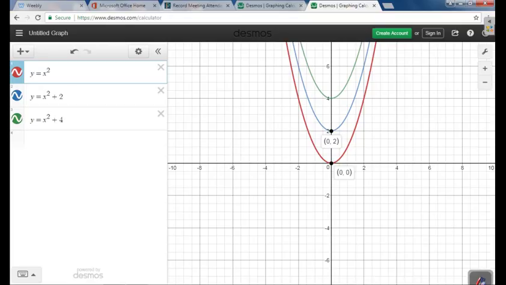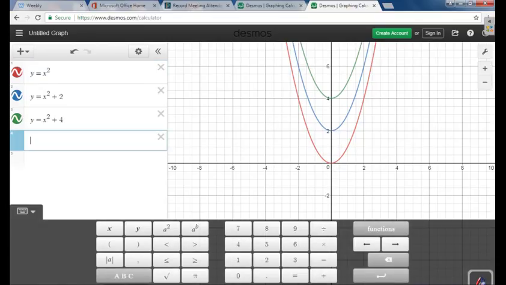What do you think is going to happen if I have a negative k value? It won't be a reflection. It will be a vertical translation down. What was the next one? y equals x squared minus 1. You see where your vertex is?